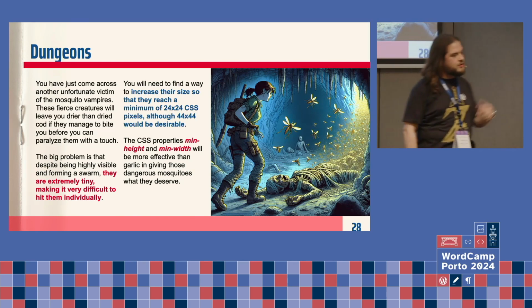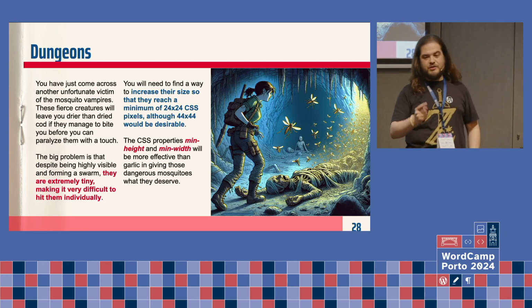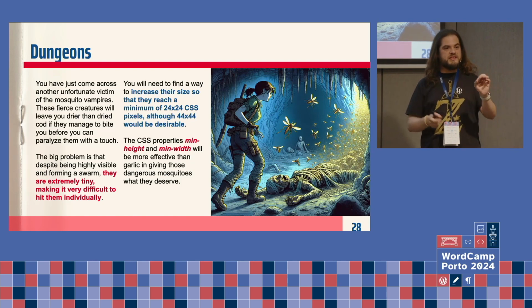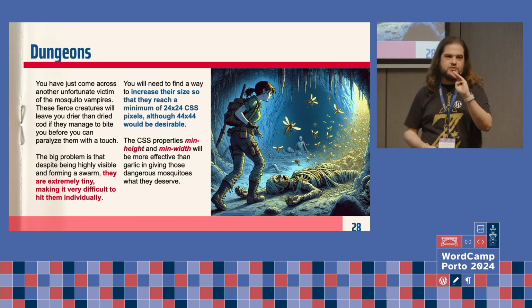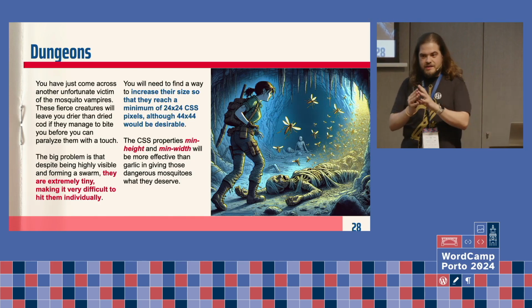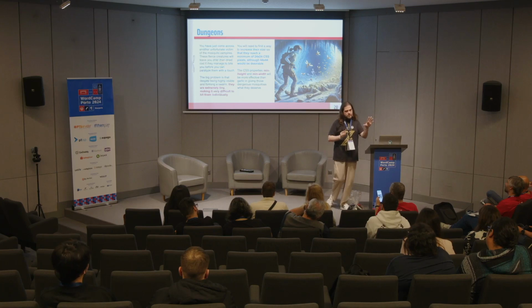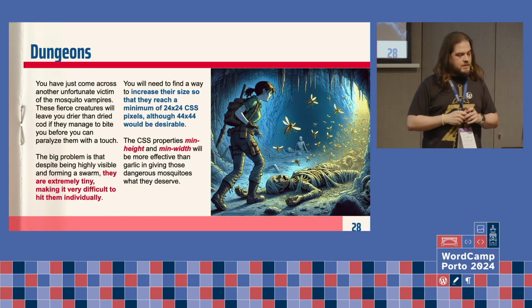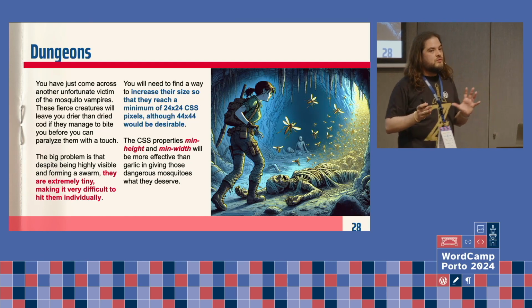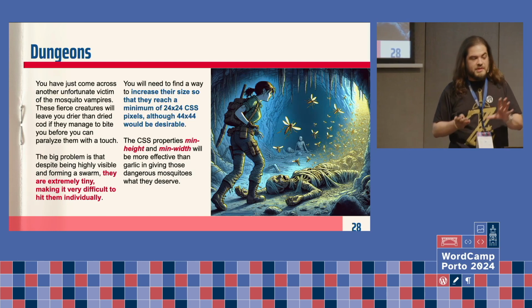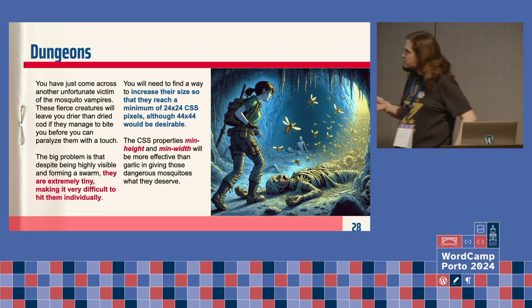To knock out those vampires, you have to just tap over them. You don't need strength. But the problem is that they are really tiny, too tiny. So you must find a way to increase their area to 24 by 24 CSS pixels, or 44 by 44. Maybe you will find a CSS property, min-height and min-width, that can help you.